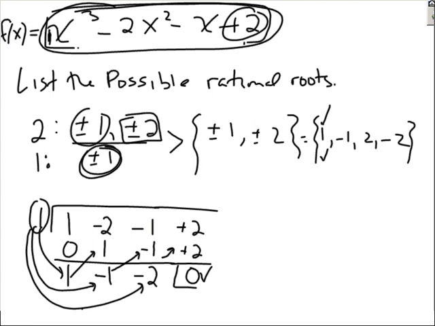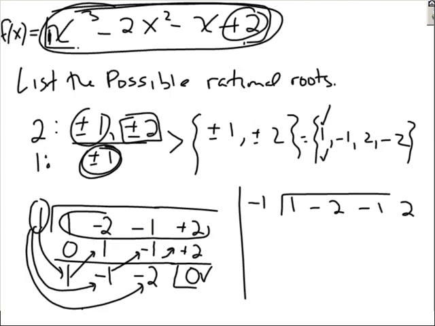Now, since it's a cubic, there might be 3 zeros. We can try one other. Let's try negative 1. Negative 1, 1, negative 2, negative 1, 2. These numbers will not change unless you change the polynomial.